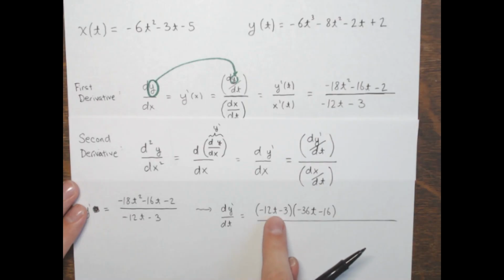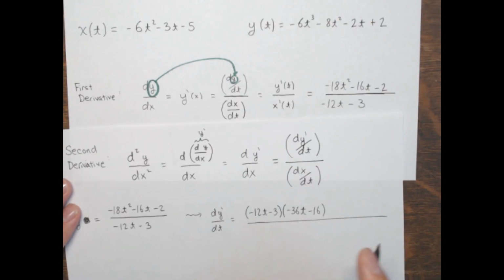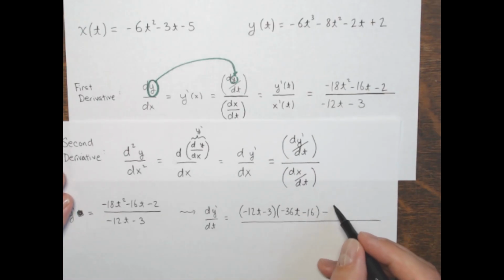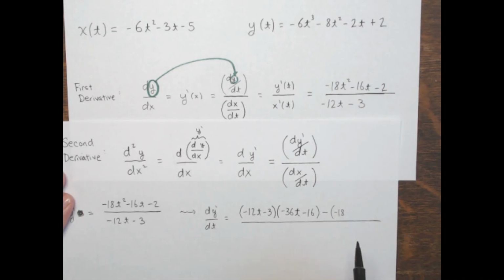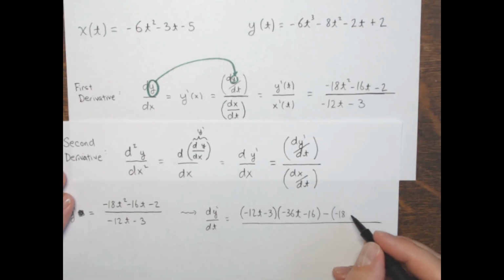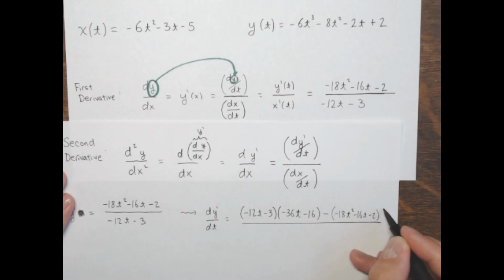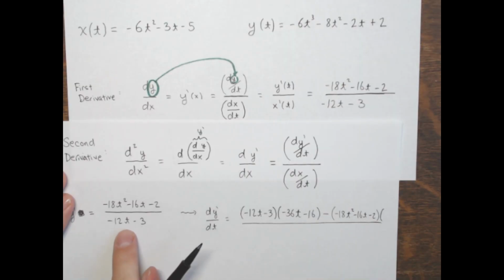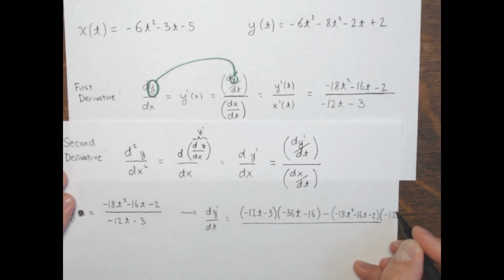Right, so the denominator, the way it is, times the derivative of the numerator, and minus the numerator the way it is. So negative 18t squared minus 16t minus 2 multiplied by the derivative of the denominator, which is simply negative 12.